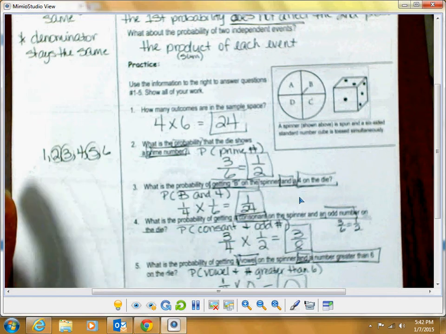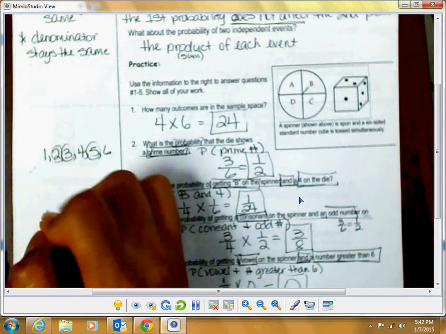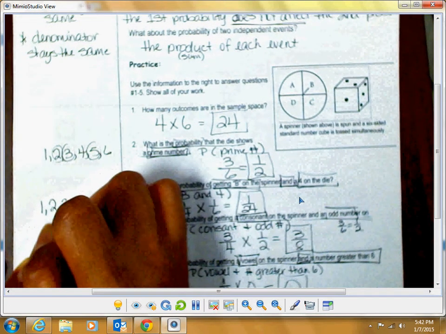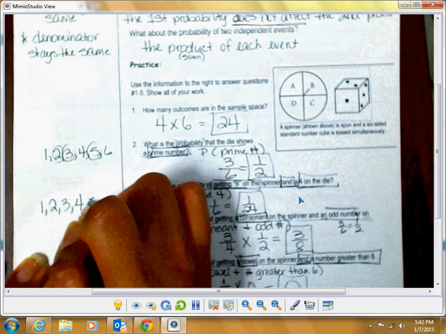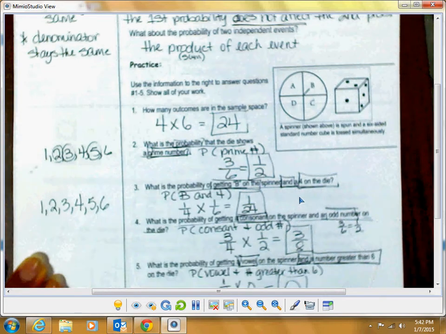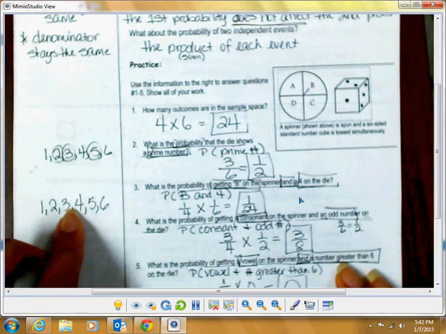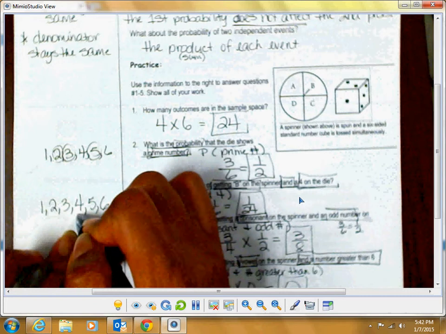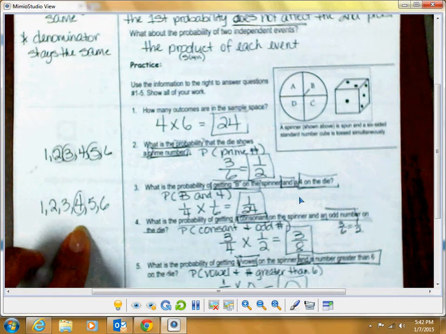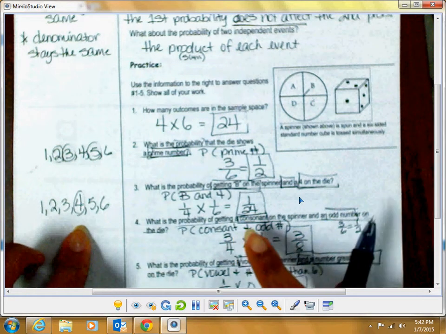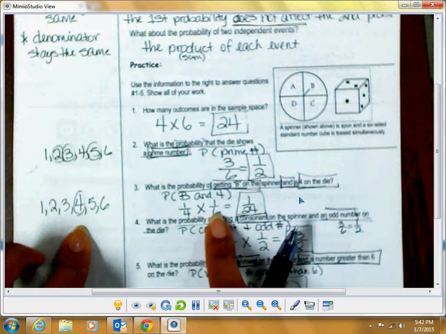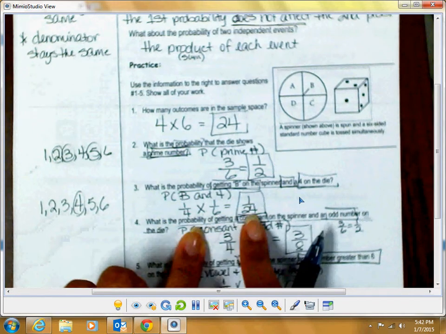Well, if you go back to your sample space, and I'll even rewrite it in case these circles are throwing you off, when we look back at this sample space, there's only one 4 out of the 6 total. So that's why the probability of the 4 is 1/6. So once you multiply, you get 1/24.